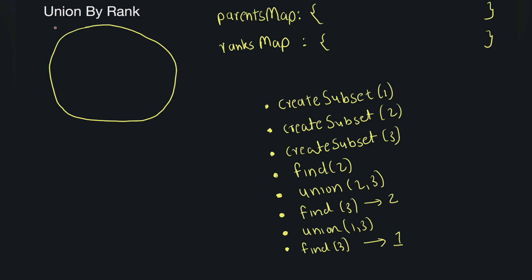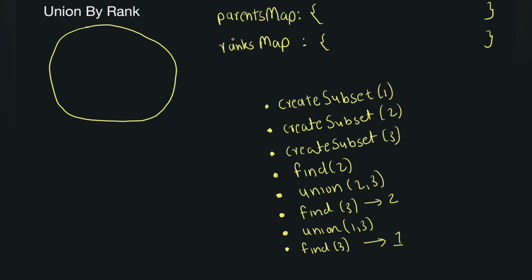Now let's understand how union by rank helps us in reducing the height of the tree. This algorithm has one more hash map called ranks map along with parents map. So this ranks map stores what is the current rank of a value, and rank you can assume it is similar to height of the tree rooted at that particular value.